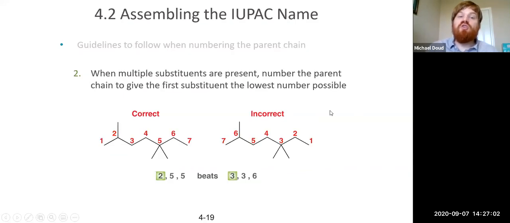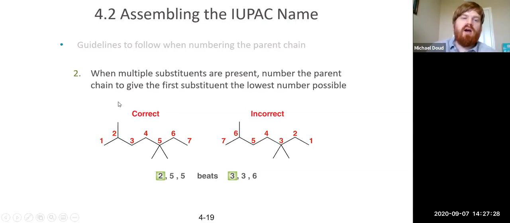Now, when you have multiple substituents, you actually have to number it so that you're going to give the first substituent the lowest number possible out of all of them. So don't try to like average the number or anything like that. It's not that complicated. If you have multiple substituents, you just want to make sure that that first number is the lowest possible. So looking here, now we have heptane again, but it's tri-substituted.